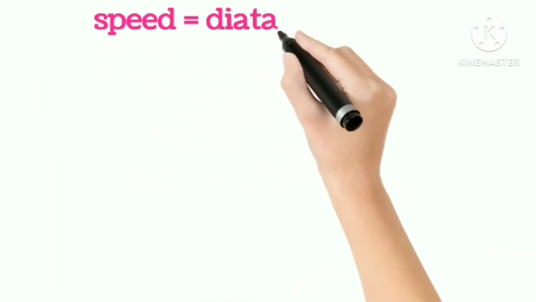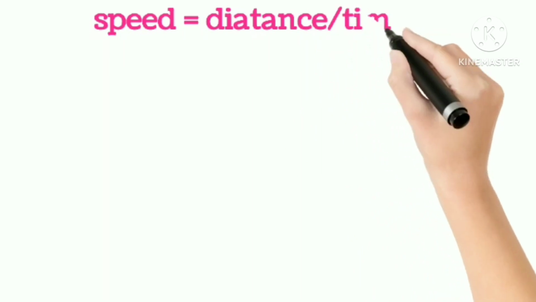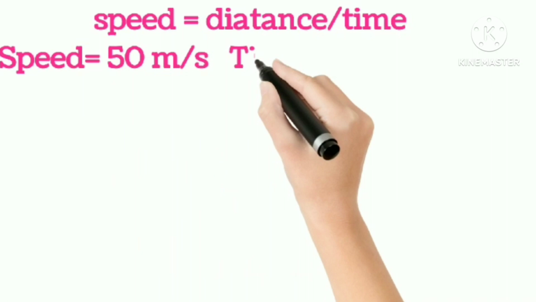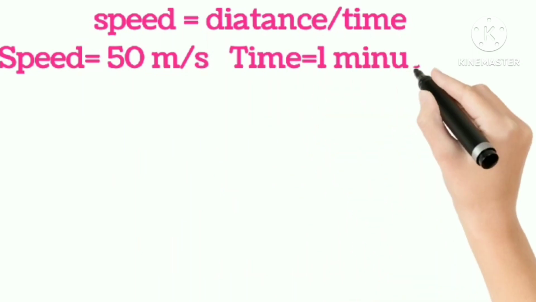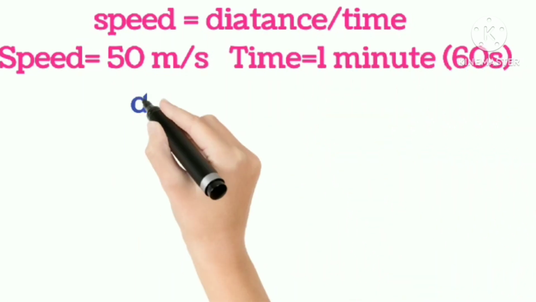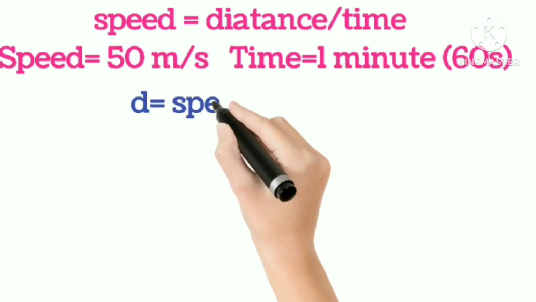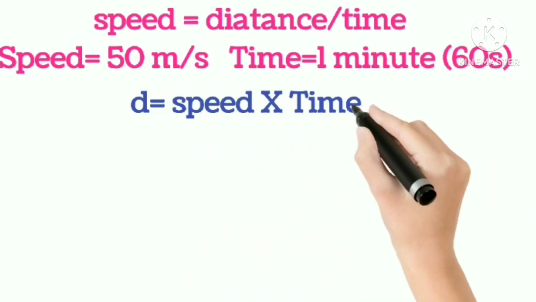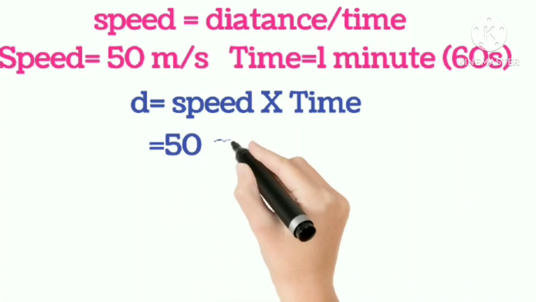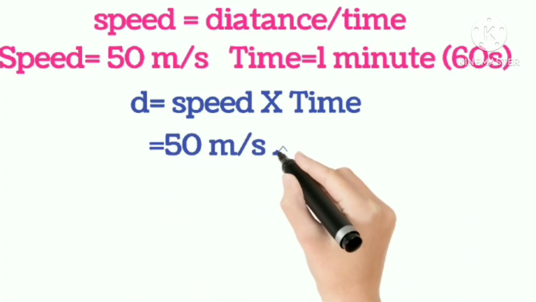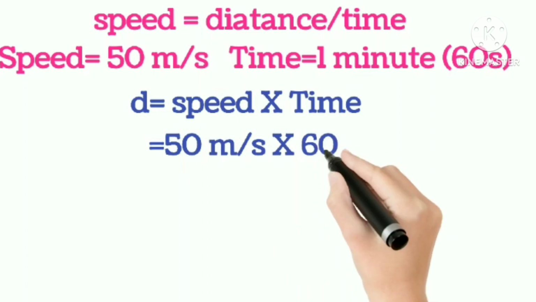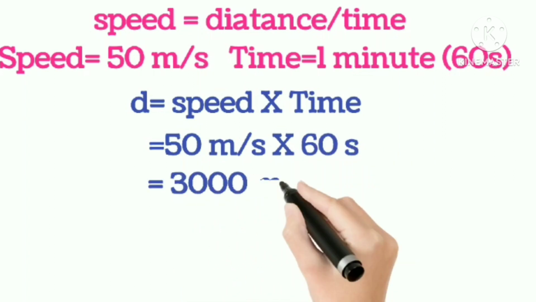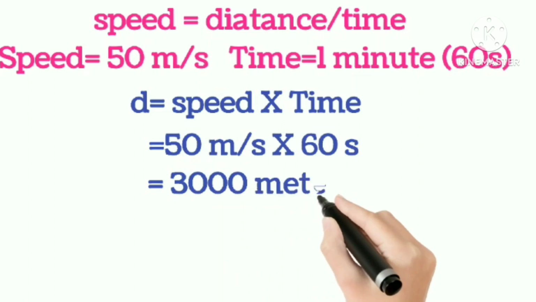Speed is equal to distance by time. Speed is 50 meters per second, time is equal to 1 minute, 60 seconds. That means the distance is equal to speed into time. Now 50 meters per second into 60 seconds is equal to 3000 meters.